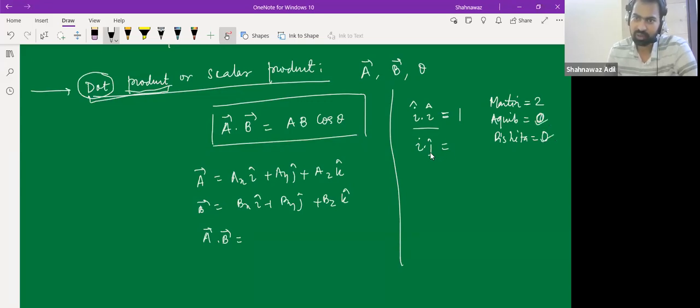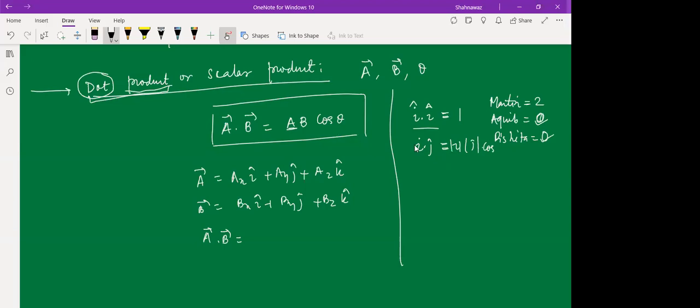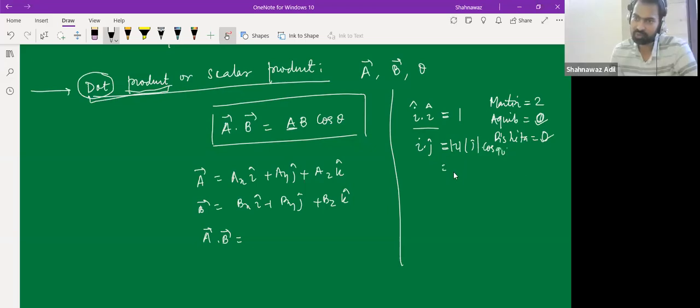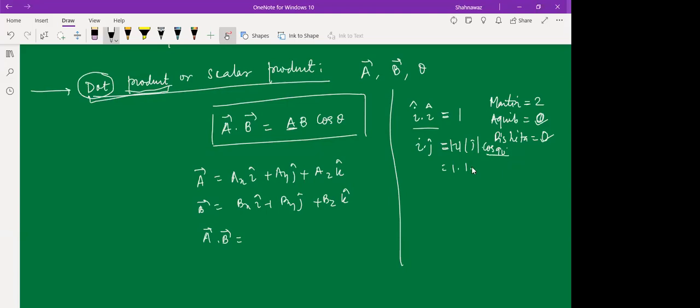So you see why. What would be i dot j? i dot j would be the magnitude of i, magnitude of j, and cos of the angle between i and j. What is the angle between i and j, Martin? 90. 90, right? So cos 90 is how much? Magnitude is 1, and cos 90 is 0.